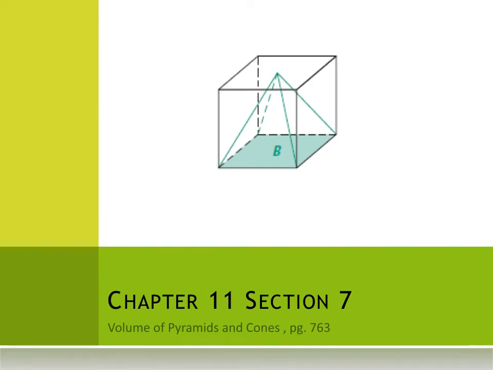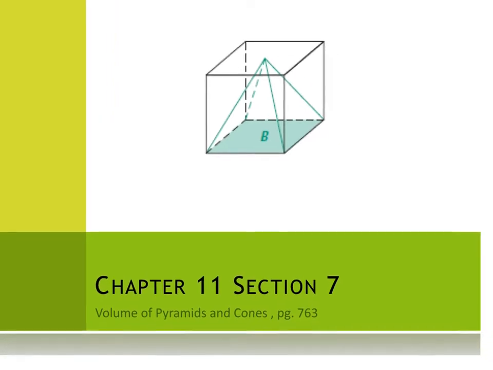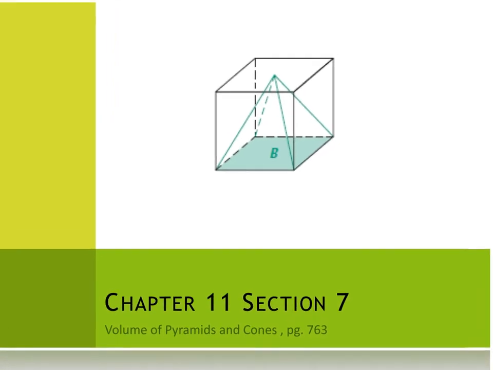This video is going to cover Chapter 11, Section 7, and it's going to cover volume of pyramids and cones. So if you think about it, we're basically going to be finding the volume of a prism, and then if you were to take your pyramid and put it inside that prism, it would be like we were shaving off 1/3 of the prism.